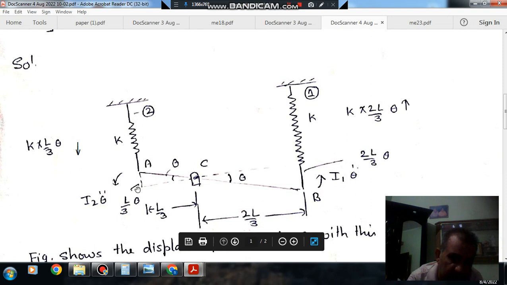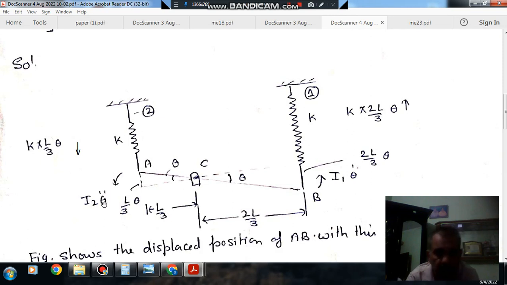Similarly, for this portion, the inertia torque will try to bring this rod back to its position, because I2 is the moment of inertia of portion AC, and theta double dot is the angular acceleration. So the inertia torque will act in this direction.